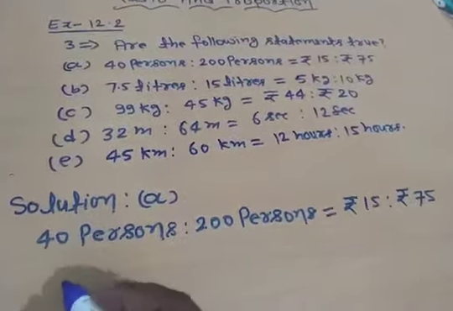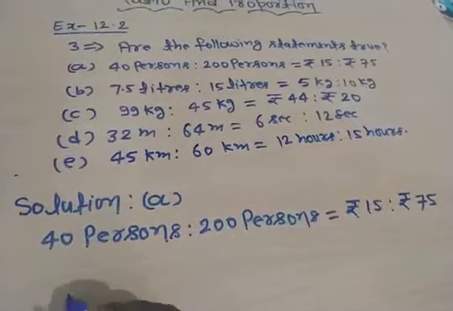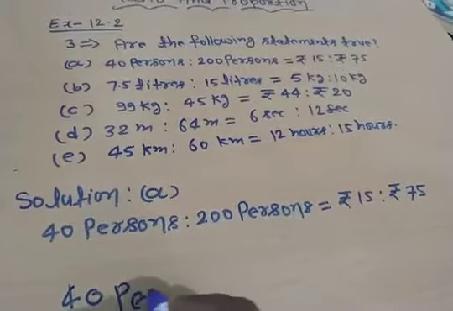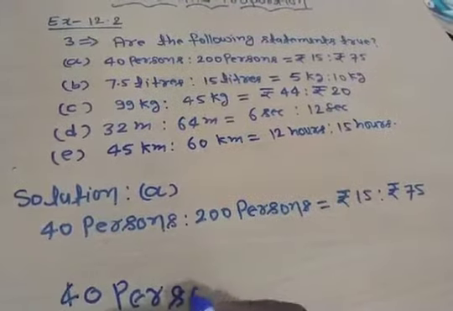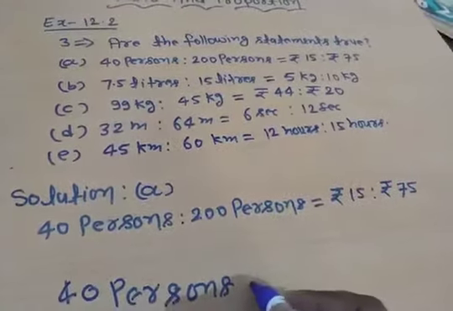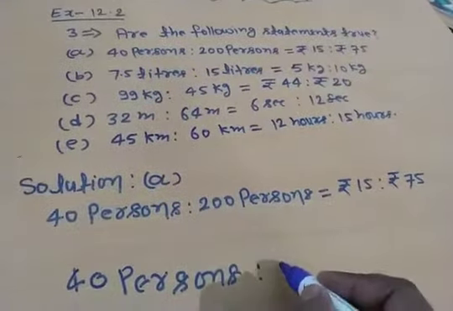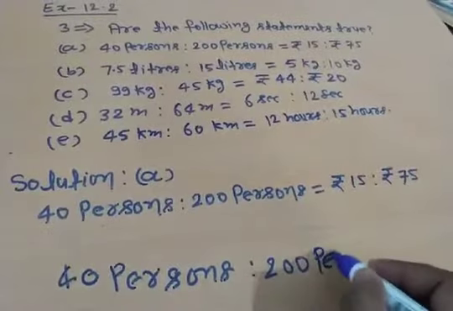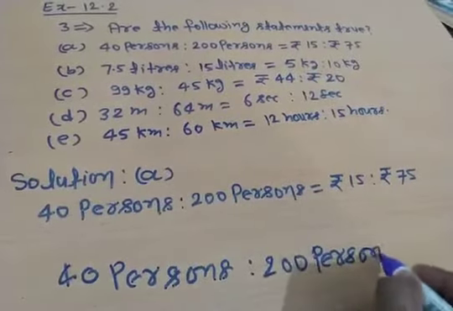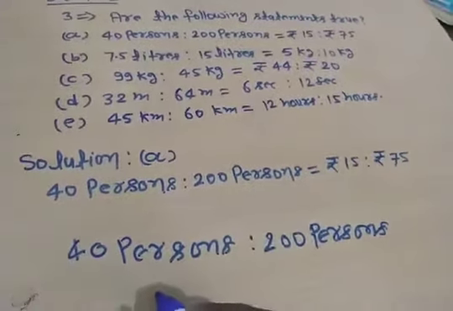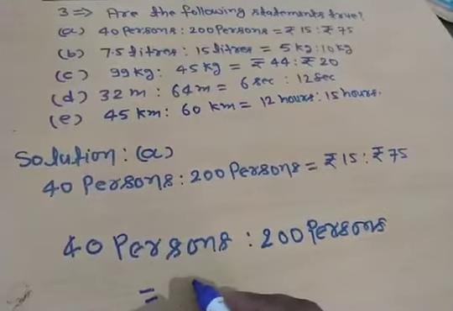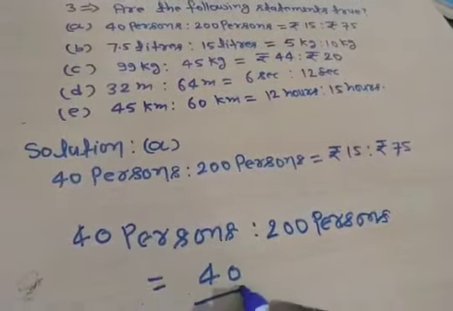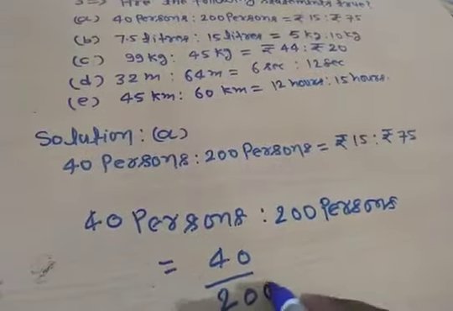So first we take 40%, we write 40% ratio to 100%. So we can write it as 40 by 200.